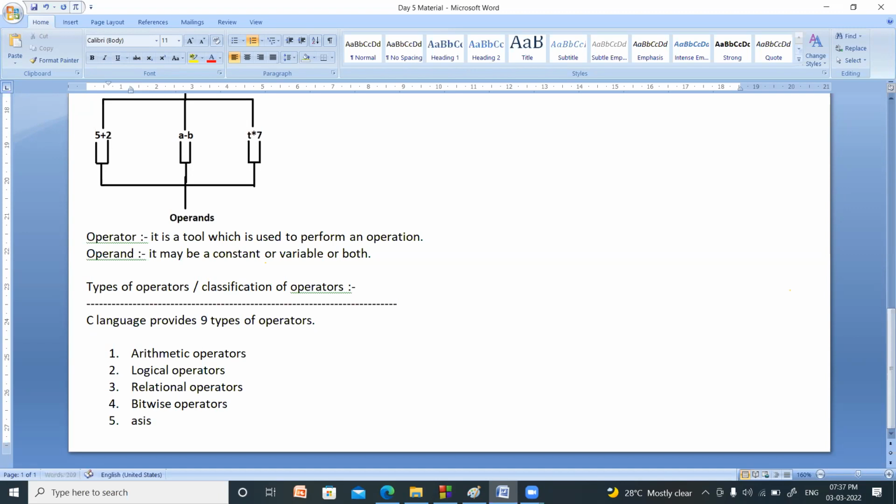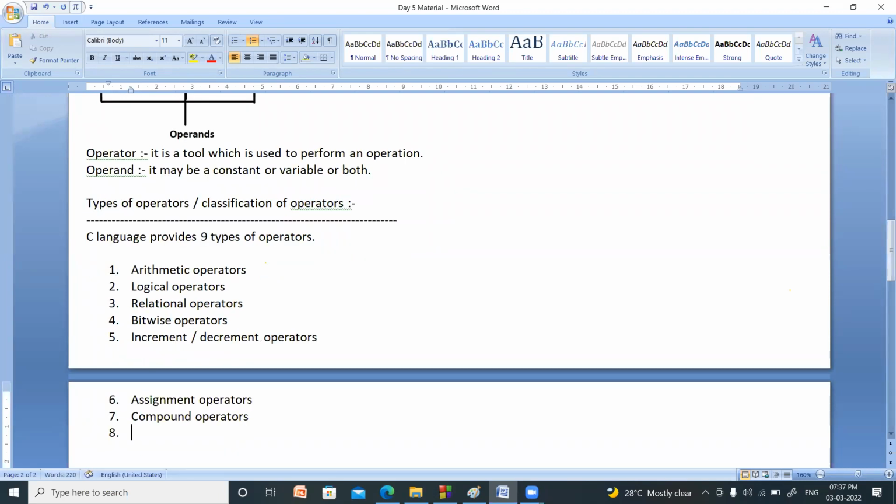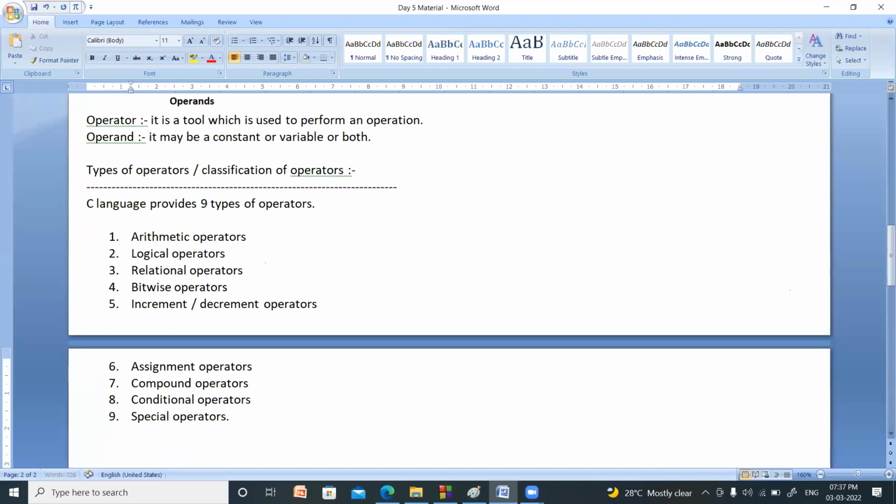Fifth is increment or decrement operators. Sixth is assignment operators. Seventh is compound operators. Eighth is conditional operators. Ninth is special operators. In this way, the operators are classified into 9 types.